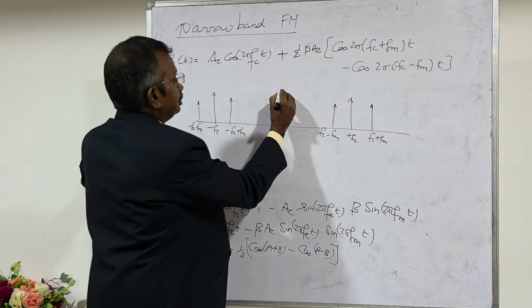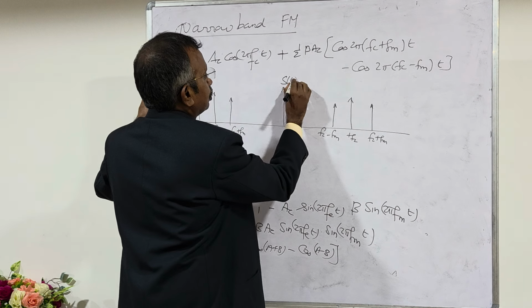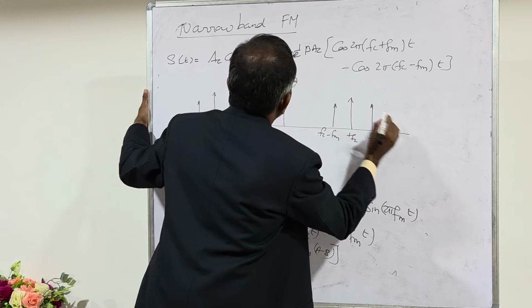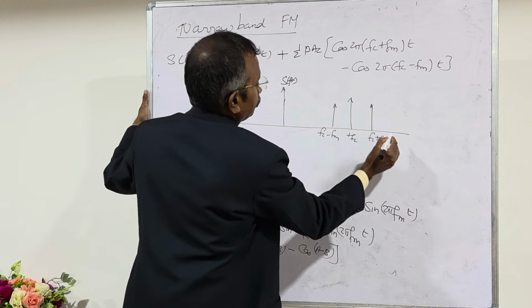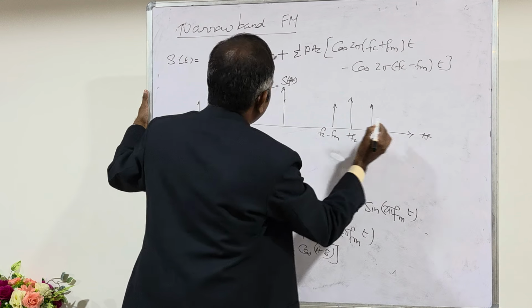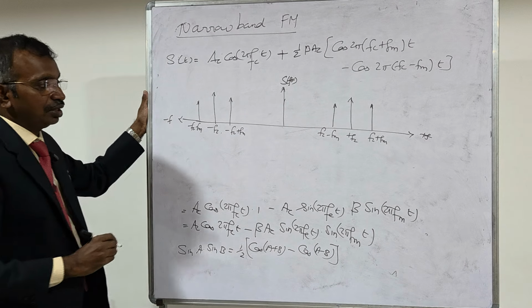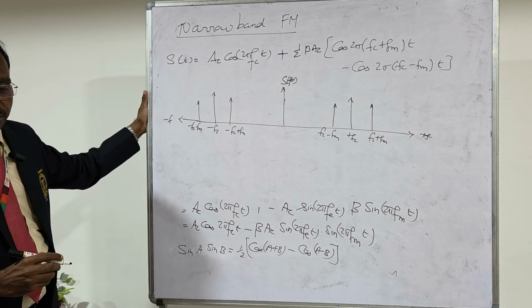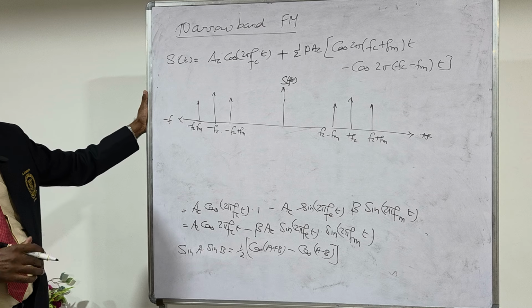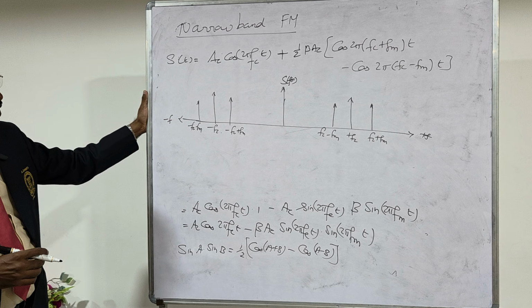So this is s(t), and this is S(f). This is plus f, and this is minus f. So you have to calculate the corresponding bandwidth of the signal.